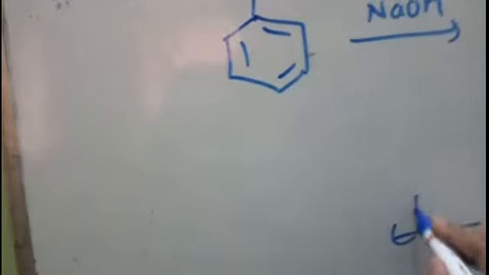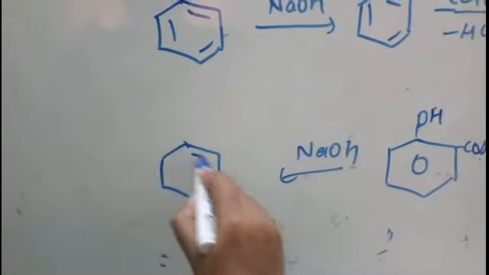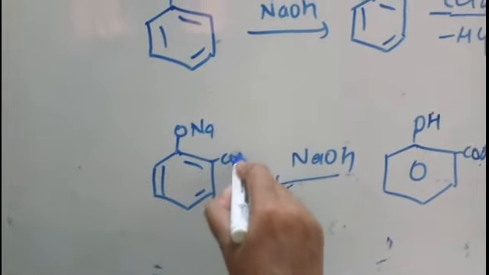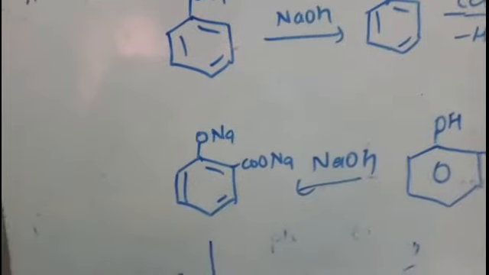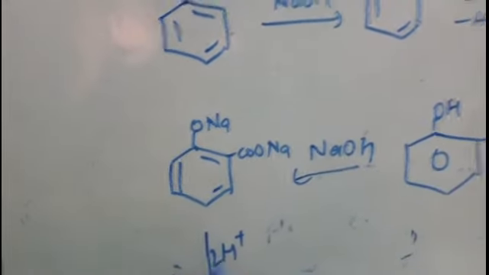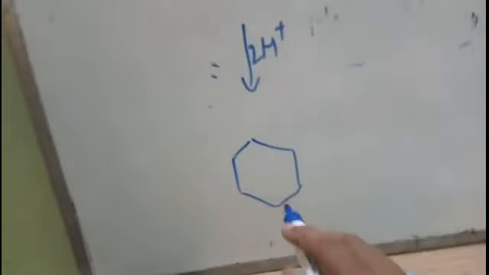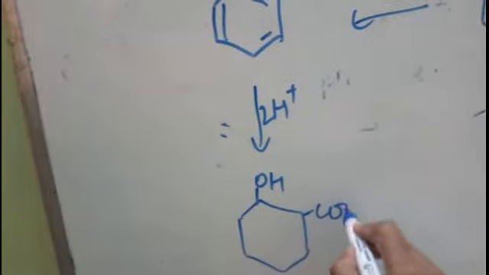One more molecule of NaOH it will take up, and then this phenol will also convert into sodium salt, right? Then upon acidification, both the sodium ions will be replaced by hydrogen to give salicylic acid.